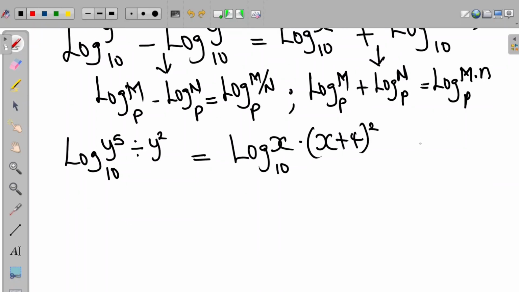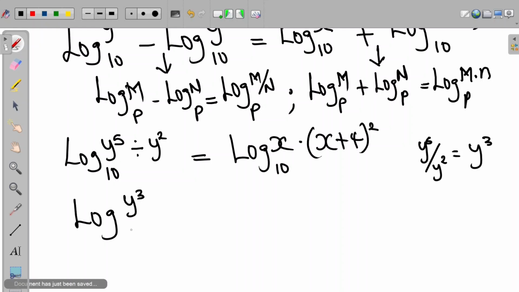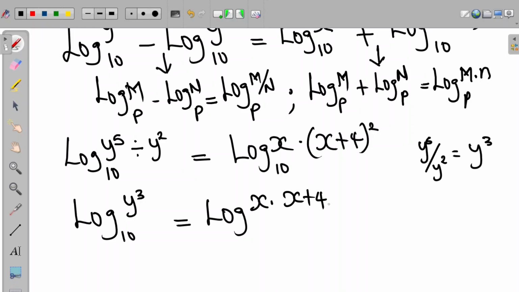We know that y raised to the power of 5 divided by y raised to the power of 2 is equal to y raised to the power of 3. So this in our left hand side becomes log y raised to the power of 3 all in base 10 equal to log x multiplied by (x plus 4) all raised to the power of 2 in base 10.